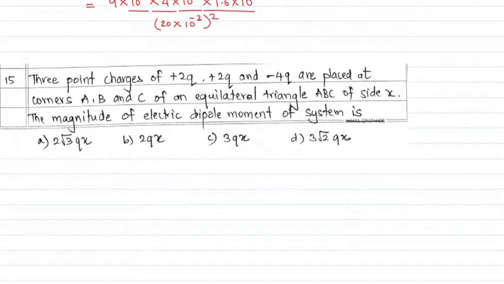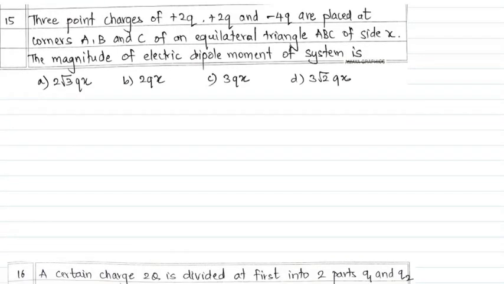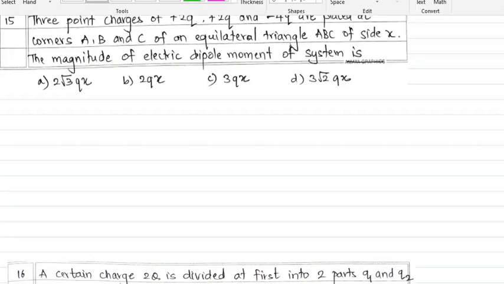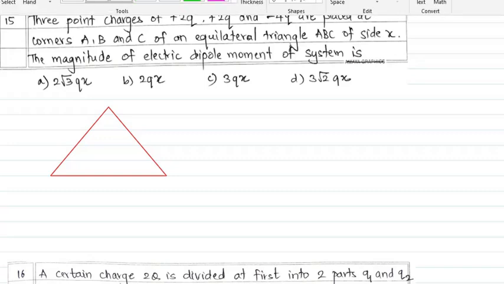Next, 3 point charges plus 2q, plus 2q and minus 4q are placed at corners A, B, C of an equilateral triangle ABC of side x. The magnitude of electric dipole moment of the system we are required to find.